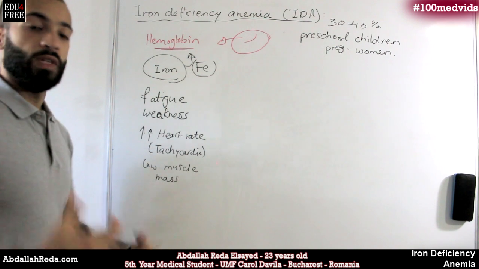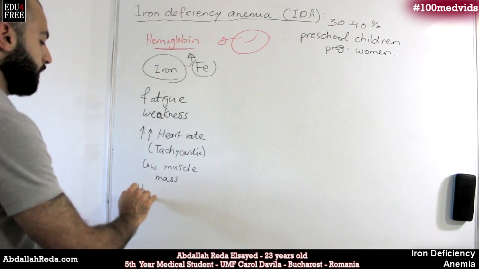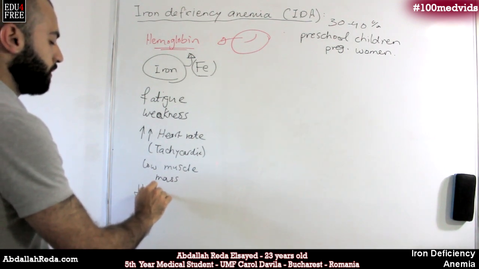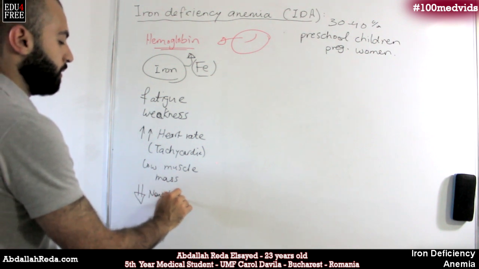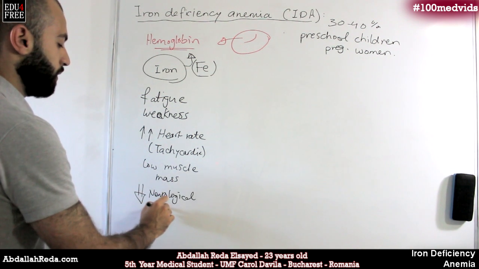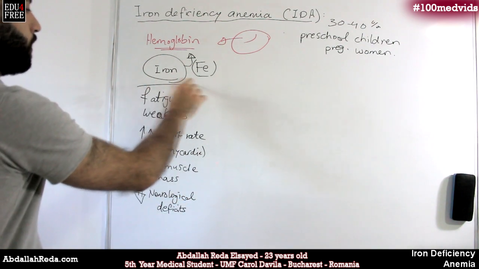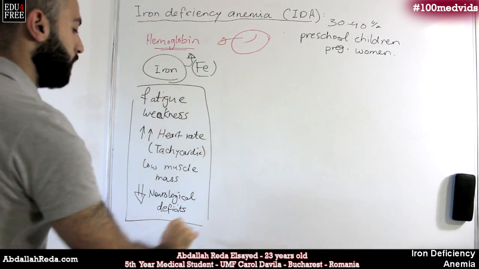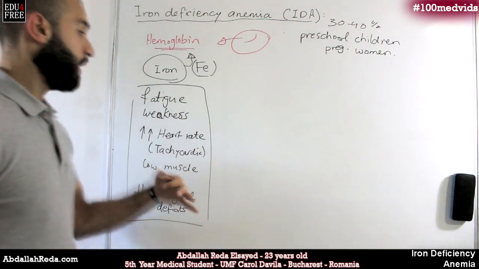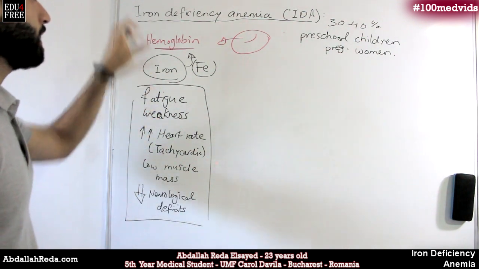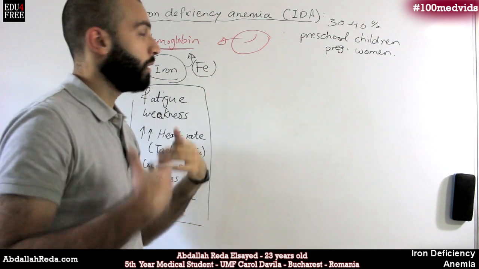And in severe conditions, we can have neurological deficits. Those are the signs and symptoms that we can get if we have iron deficiency anemia.